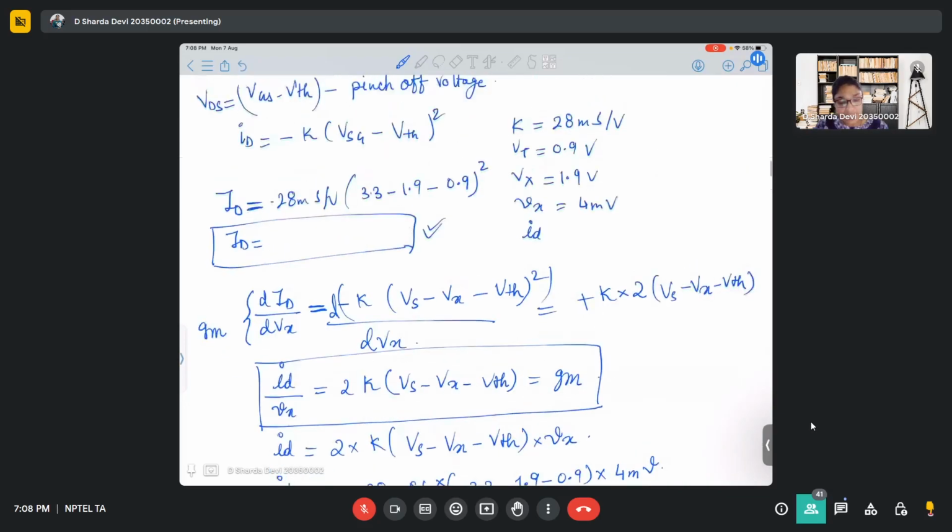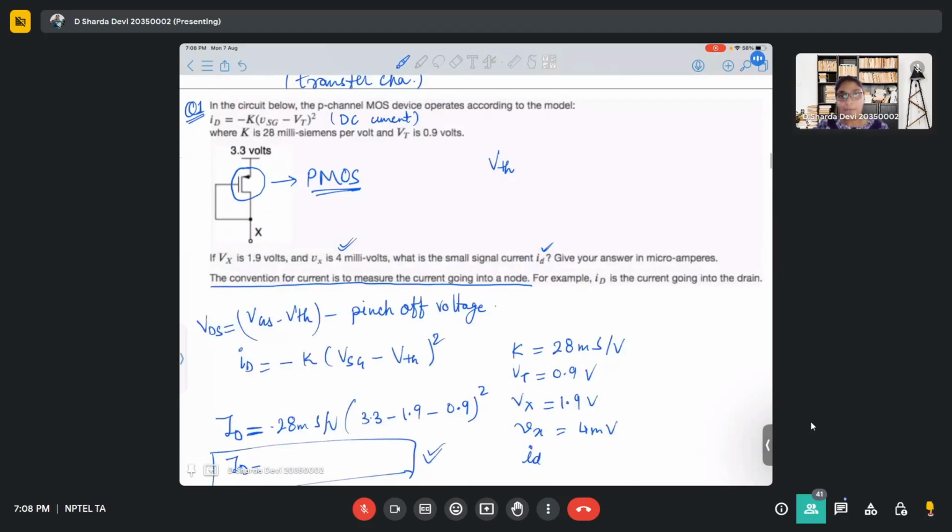Somebody was asking whether VGS and VDS are dependent or independent. In this particular circuit, if you observe very carefully, your VGS and VDS are separate.